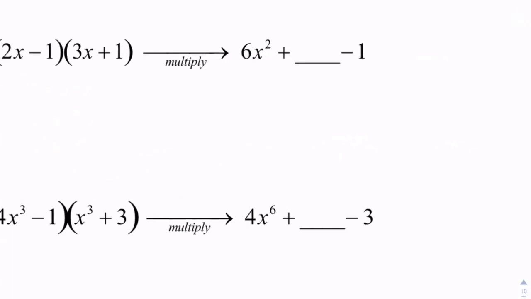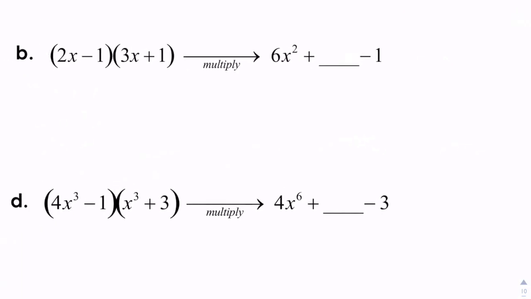All right, same thing here. If we were to actually multiply this all out, and I'd like you to do this on your own, you should get that your middle term is negative 3x plus 2x, which is negative 1x.